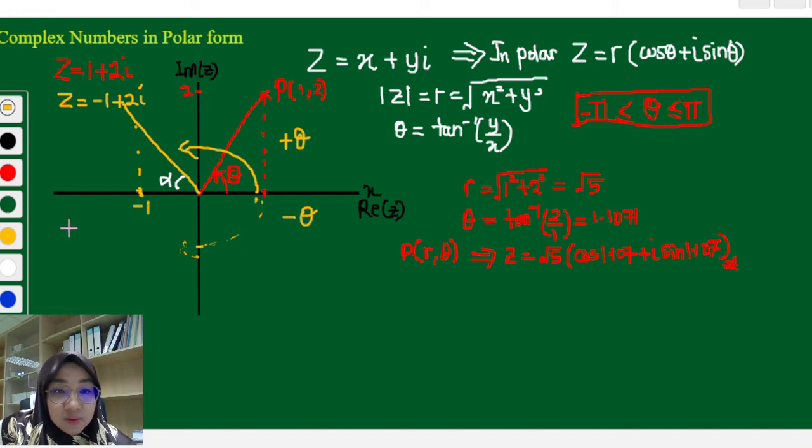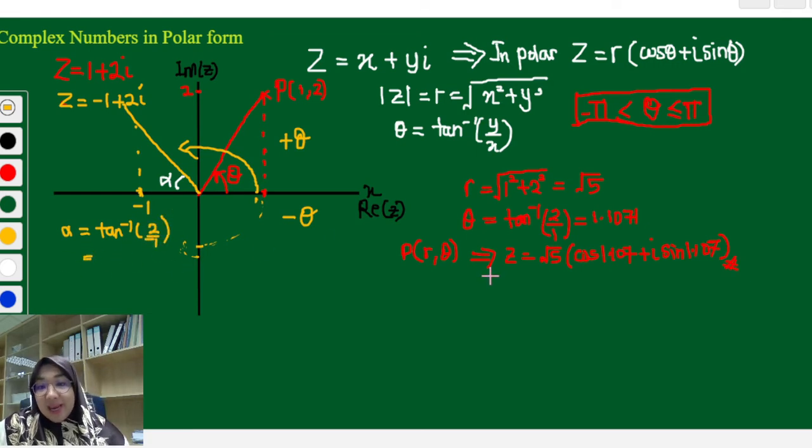Okay, let's try to measure the theta. So, alpha is equal to inverse tangent, apa dia? 2 masih lagi yang sama, 2 over negative 1. So, you have here the same answer, cuma opposite direction. So, negative 1.1071.